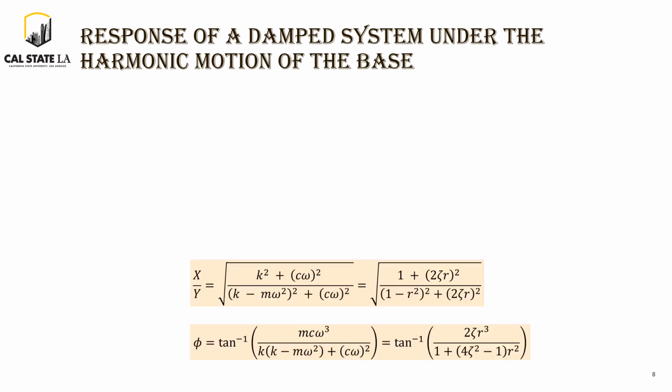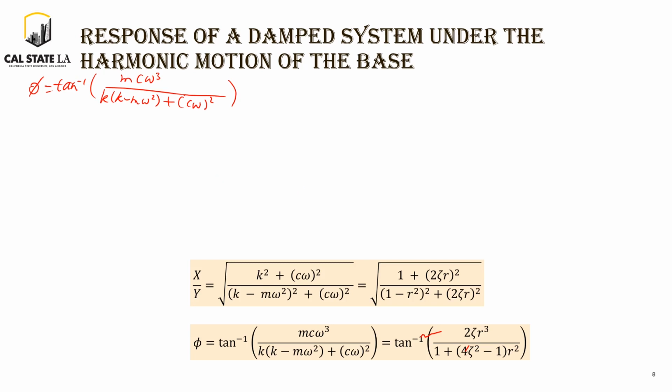So next, since from the previous page we already learned phi is equal to the inverse tangent of mc omega cubic over k times (k minus m omega square) plus c omega squared. We want to write it in terms of the frequency ratio.